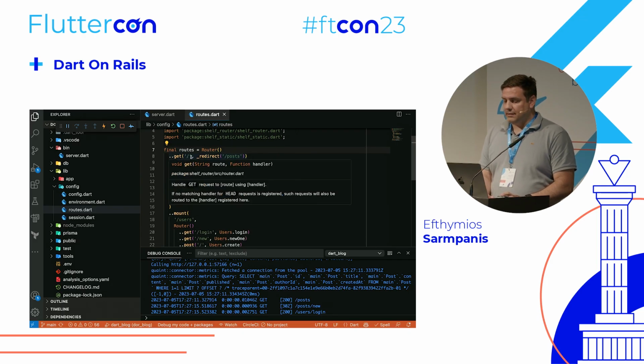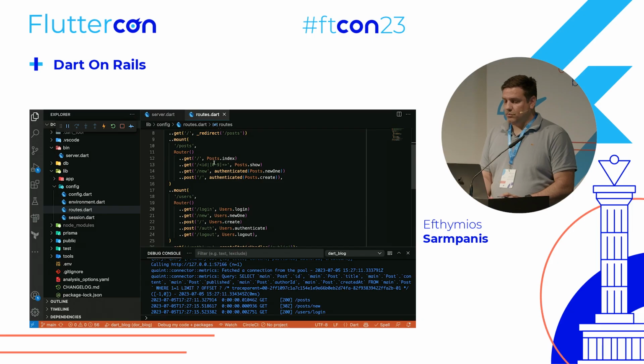So let's see what we have here. We have a get on the route, which will redirect us to the posts. In the posts, we want to mount all the things: the post controller has index, show, newOne. The One is appended because new is a keyword in Dart, so you cannot use that; we use newOne.